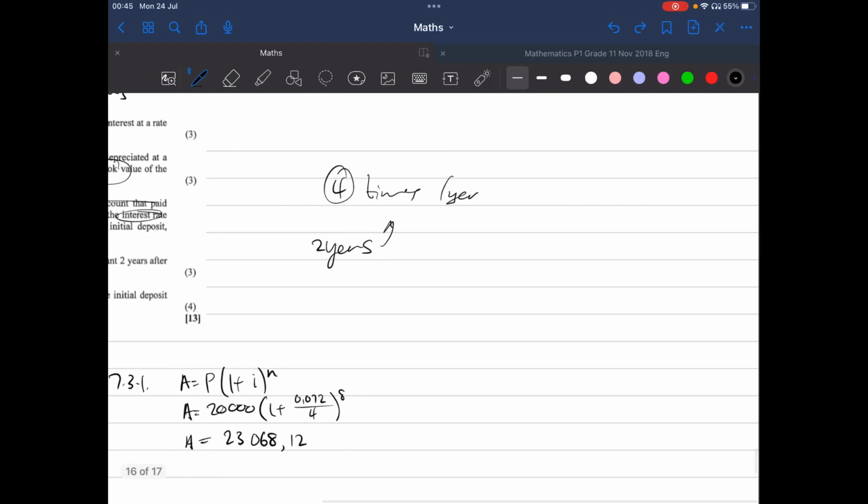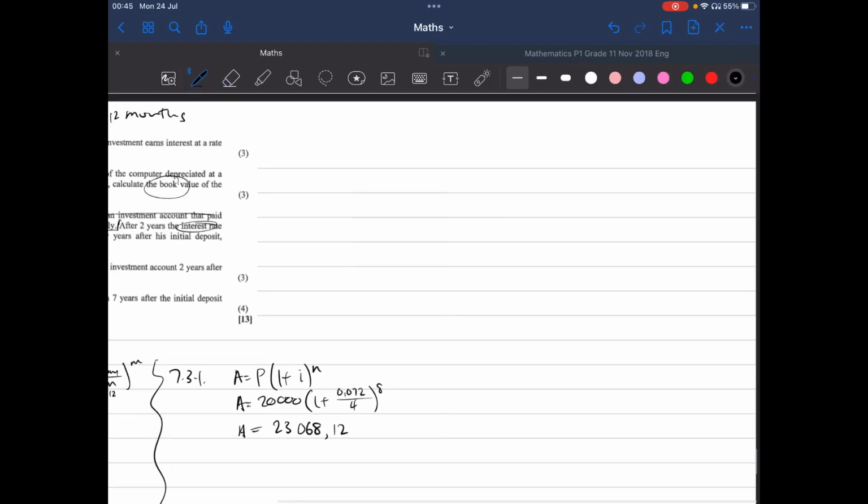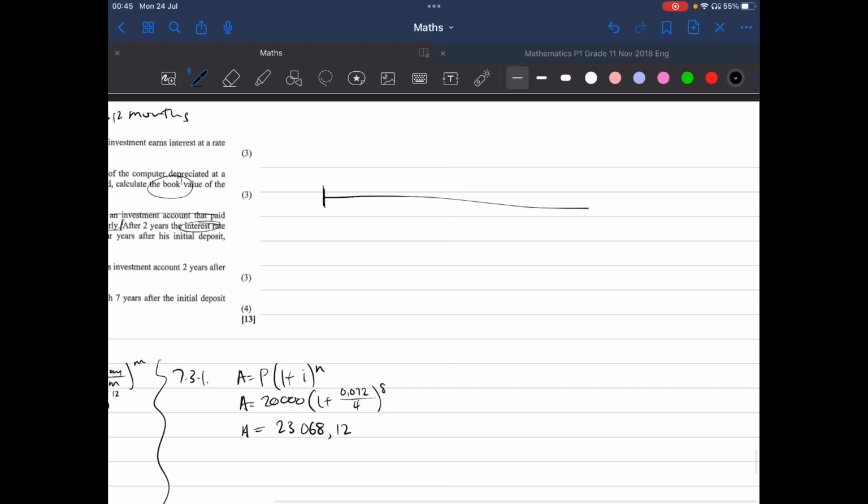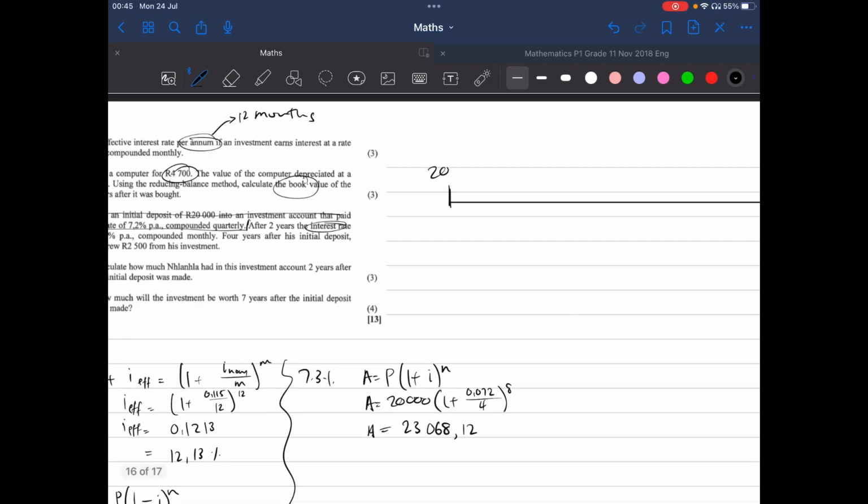Okay, so let's establish a timeline here. At the start it was 20,000 rand, right? At the 2 year mark, it's now worth this amount here, 23,000-something, and we know that amount.